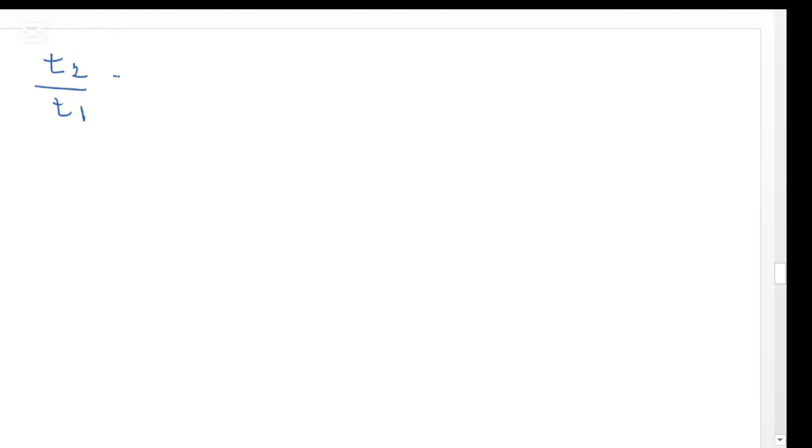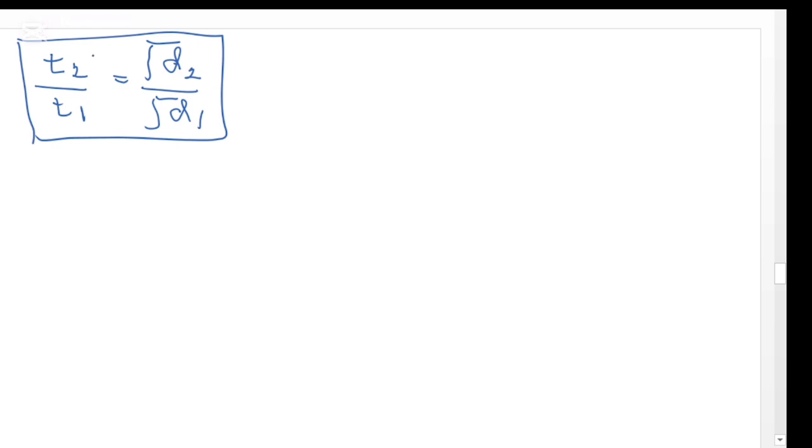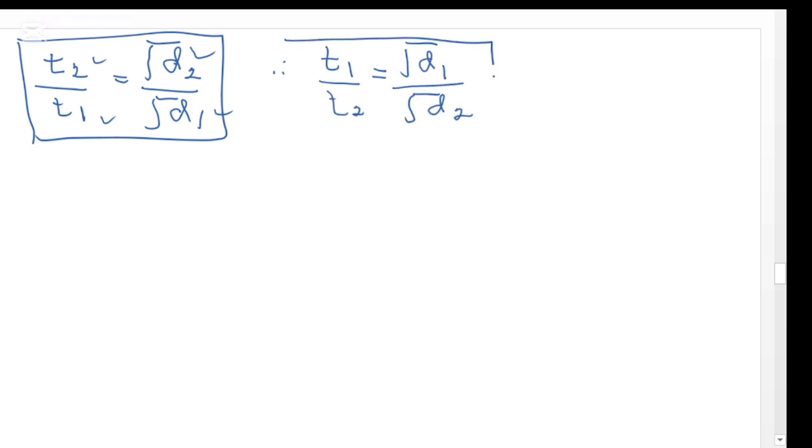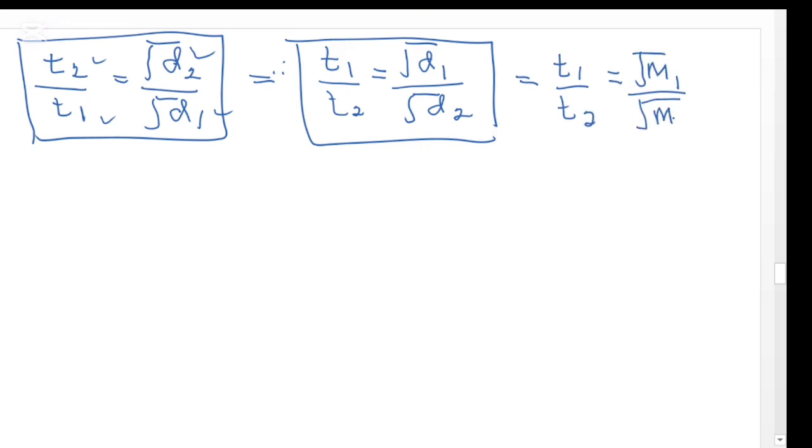This can be transformed to say T1 over T2 equals square root of D1 over square root of D2. It's the same. Now since we said that we can use M in place of D, we can also say that T1 over T2 is equal to square root of M1 over square root of M2. Still the same.